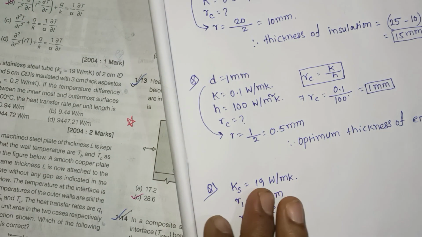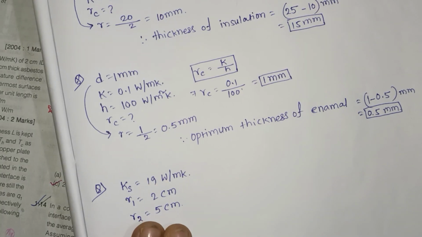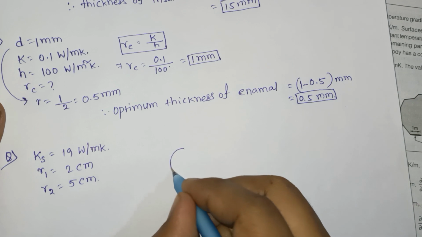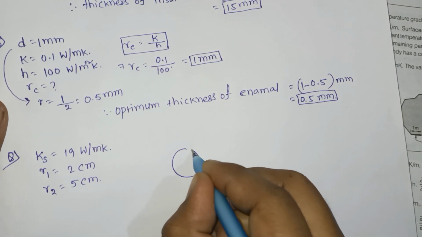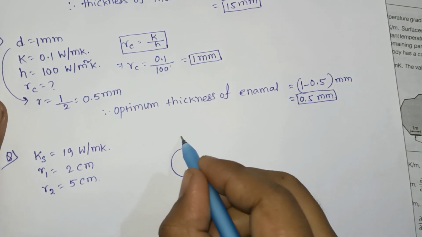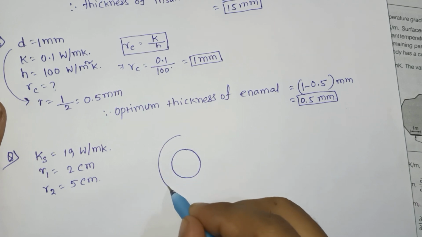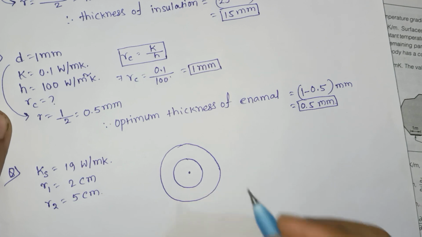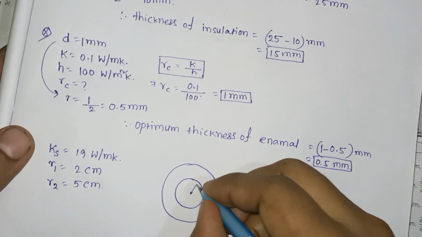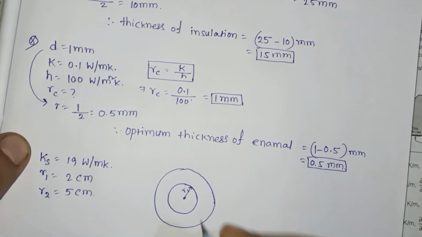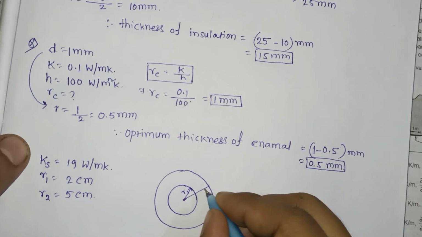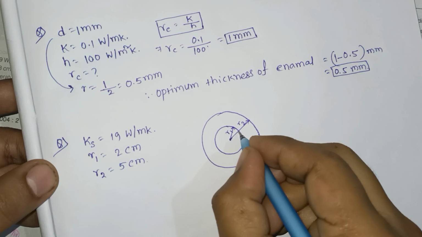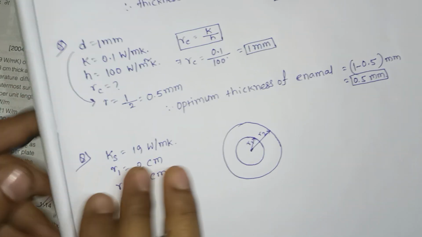Suppose this is R1 and this is R2. So R1 is 2 cm and R2 is 5 cm.